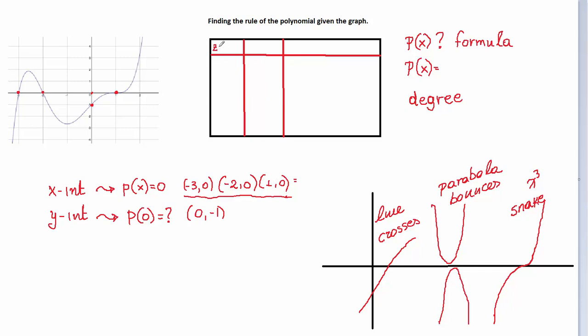We want to make a table. And first of all, what we will do is write down the zeros of that polynomial: negative 3, negative 2, and 1. At the next step, we want to consider that a polynomial, if it is factored, is going to have several linear factors.